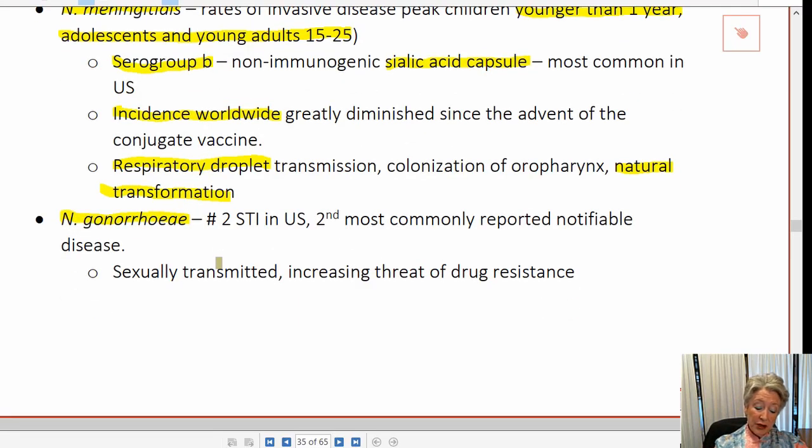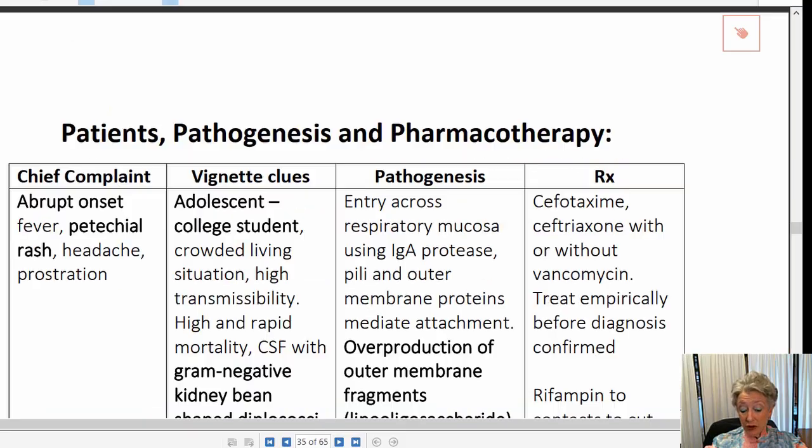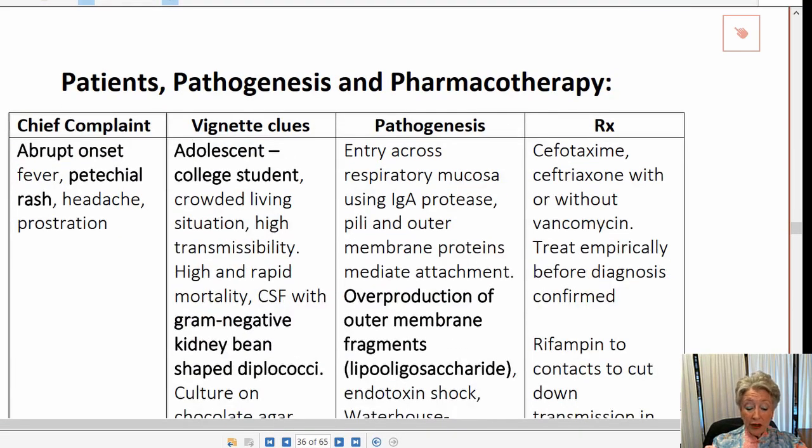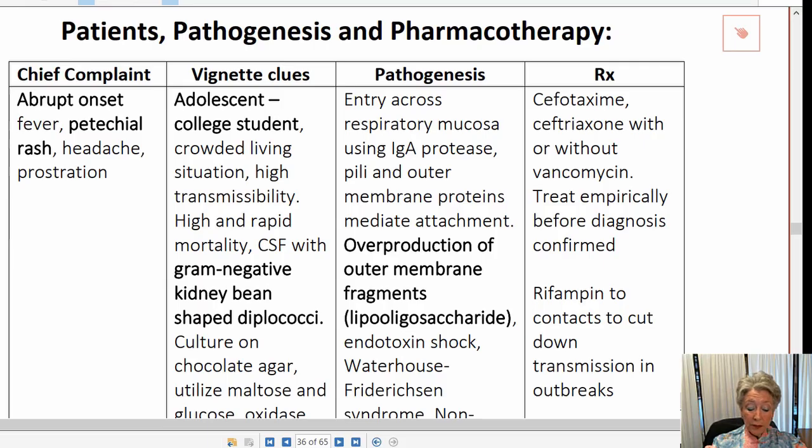Neisseria gonorrhoeae is the number 2 sexually transmitted infection in the U.S. It's the second most common reportable disease in the U.S. Sexually transmitted, with increasing amounts of drug resistance, which started with a beta-lactamase and are now moving into other avenues as well.